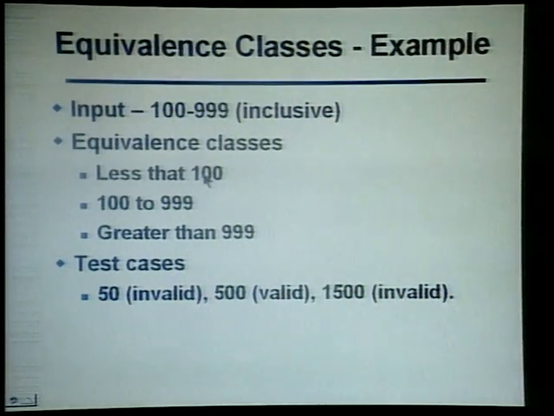So we should test our software with some values less than 100, some values between them, and some values greater than the final value. So these are some of the test cases, of course, which have been selected arbitrarily.